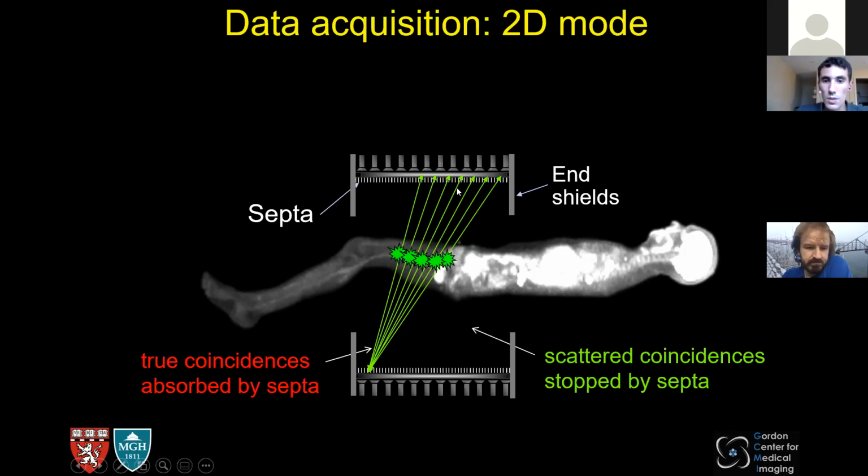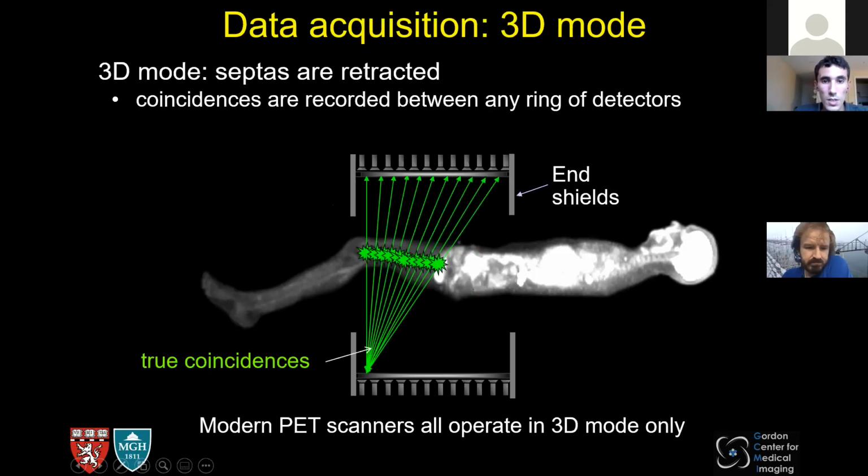The good thing about the 2D mode, though, is that many of the scattered photons are also rejected by the septas. So if you think about this ring of detectors, all those scatters that could have contributed to this plane of detection are going to be blocked by the septas. So typically, you're going to have a lower number of scatters when you use 2D as compared to 3D mode.